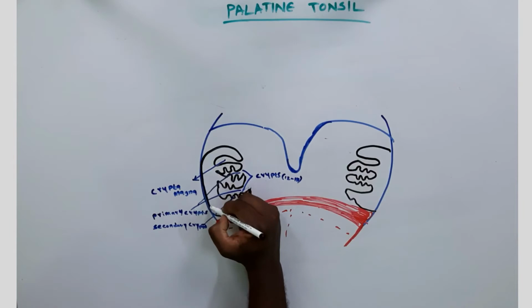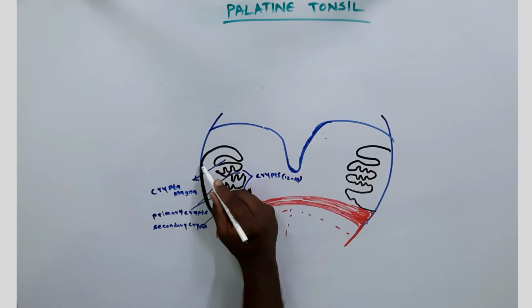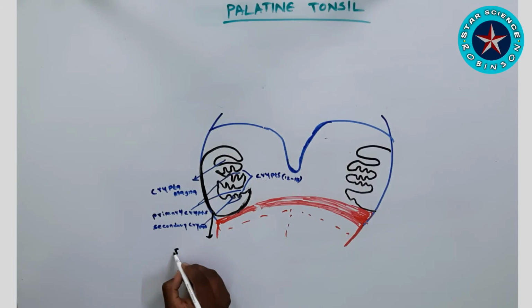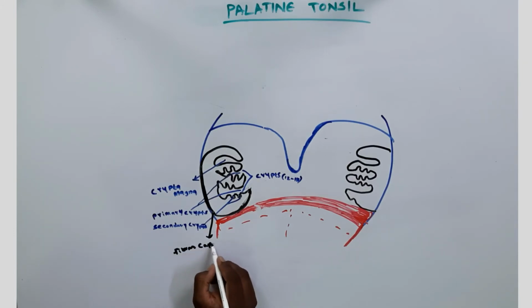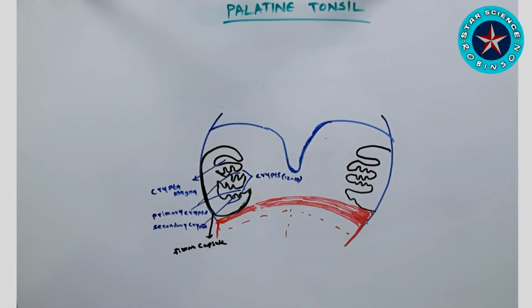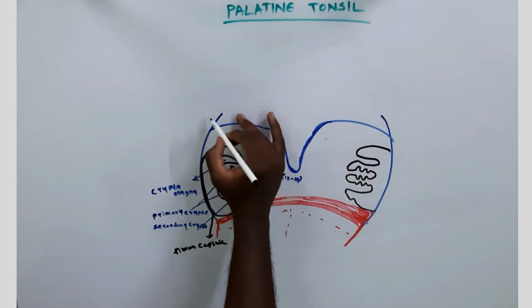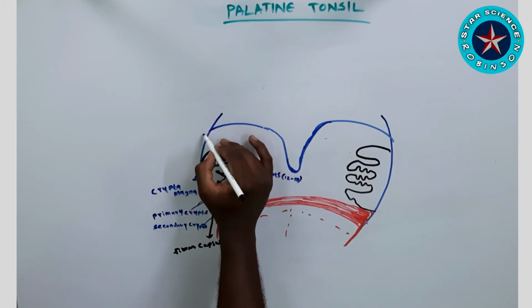Now I am going to the lateral side of the palatine tonsils, which is covered with a fibrous capsule. The fibrous capsule covers only the lateral surface of the tonsil and is formed by the pharyngobasilar fascia of the pharyngeal wall.